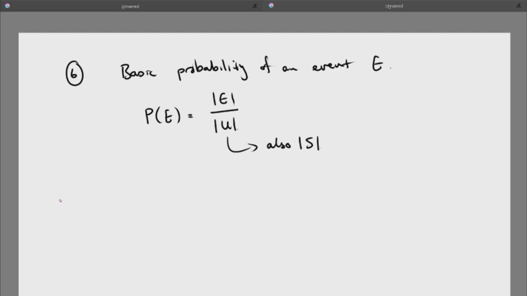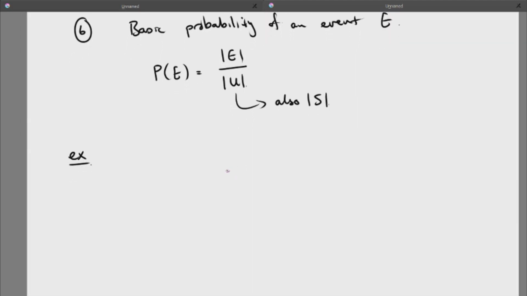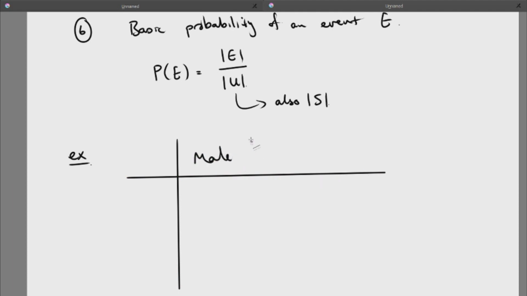Now, let's look at an example, and I'm updating 6.1 to something I think a little bit more clear and simple. Let's suppose I have a class or a group. There's a group of people, and we can look at two properties for any person. Let's suppose they're either male or female.